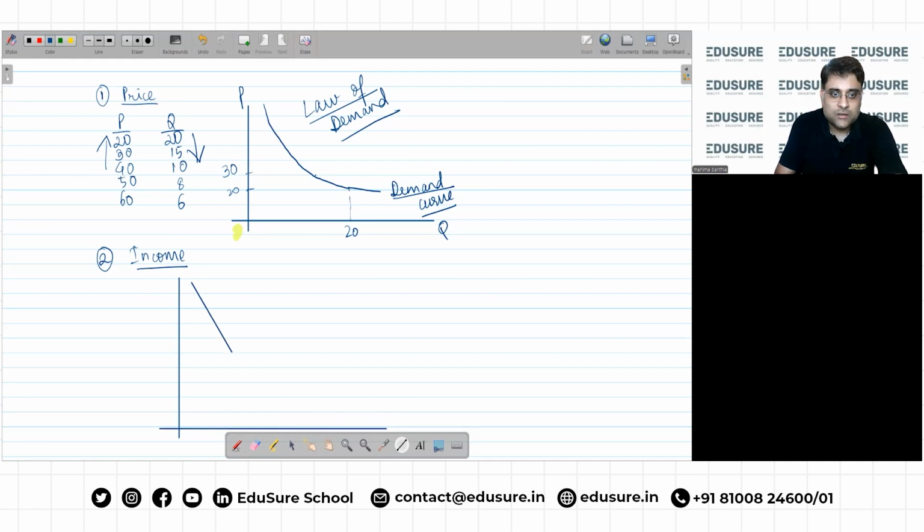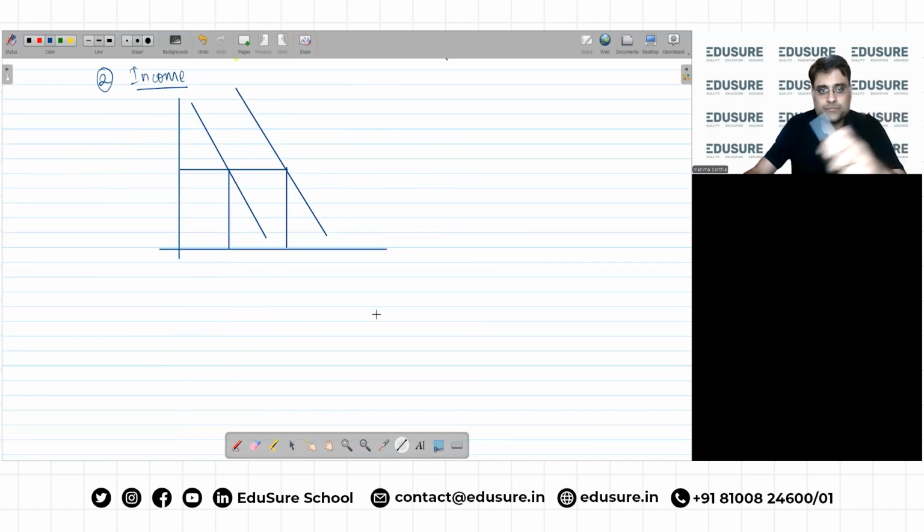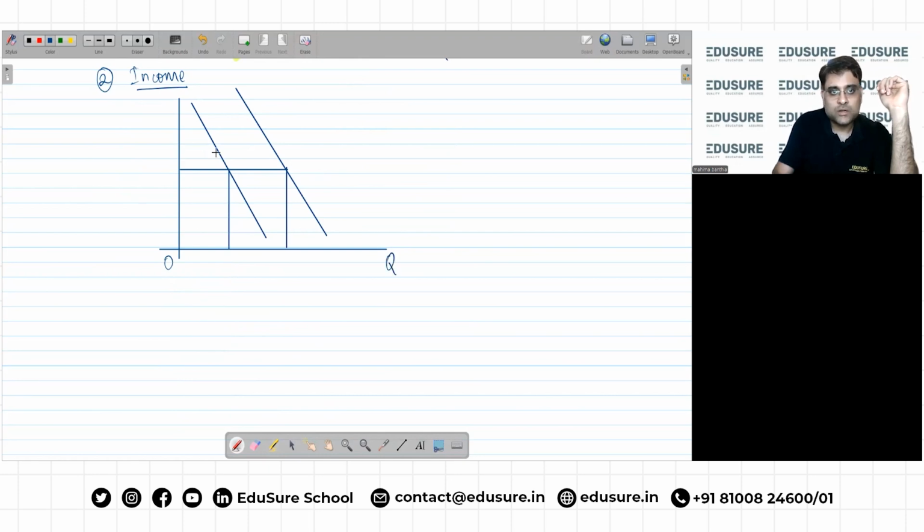So this is the demand curve with income 100, and the demand curve with income 200 will obviously see the quantity increasing. Supposing this is quantity, this is my price. Same price at say 30.